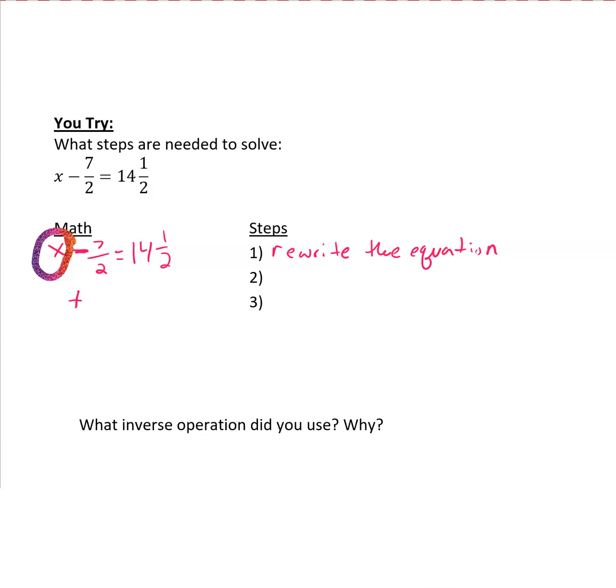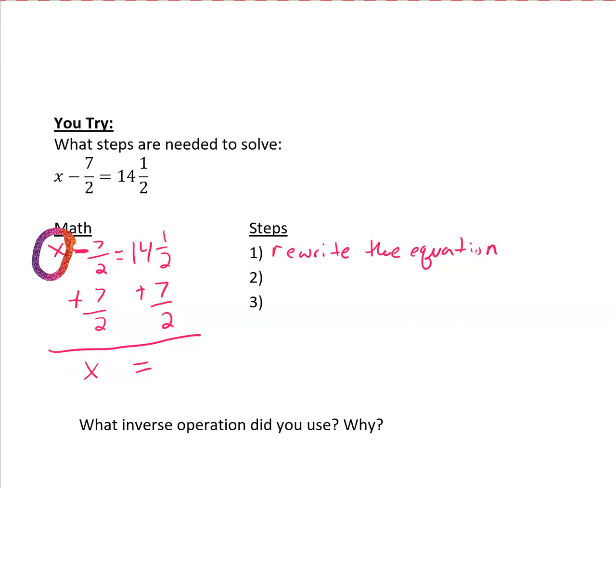I can add 7/2, but if we look back at our 3 commandments, we know that what we do to one side, we must do to the other side. That leaves us with x. And if you need to write +0 as a placeholder just to remind yourself, you can. But most of the time in math, you will just see x by itself now on this side.